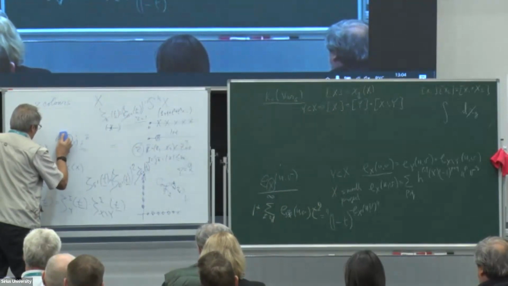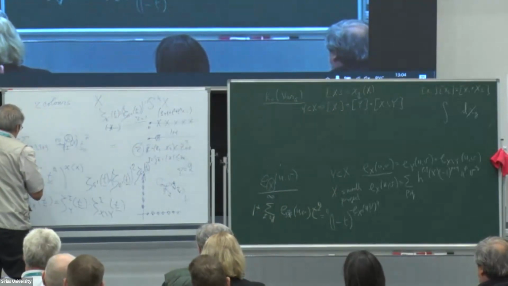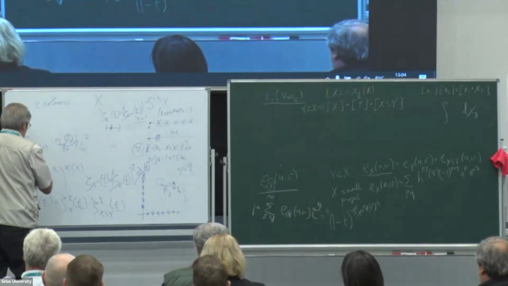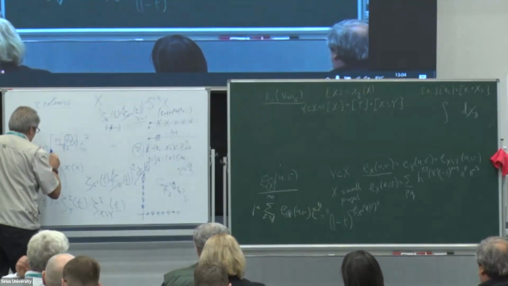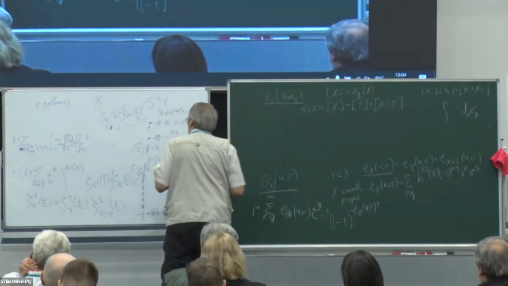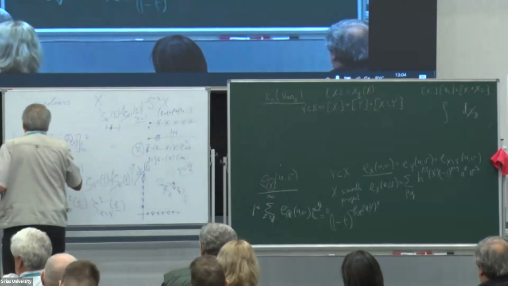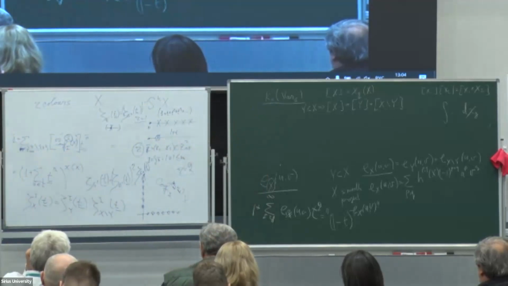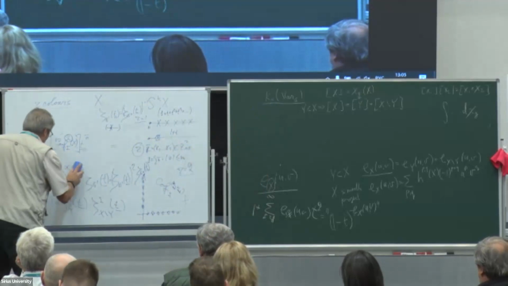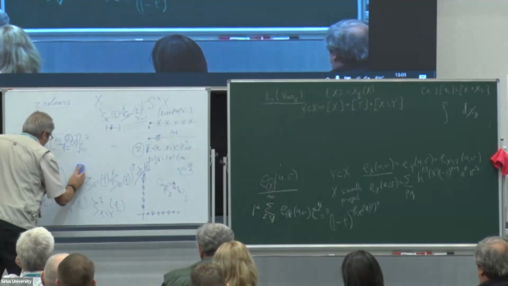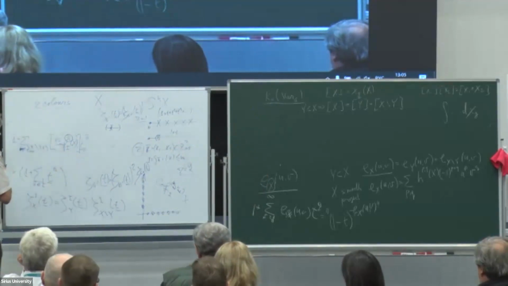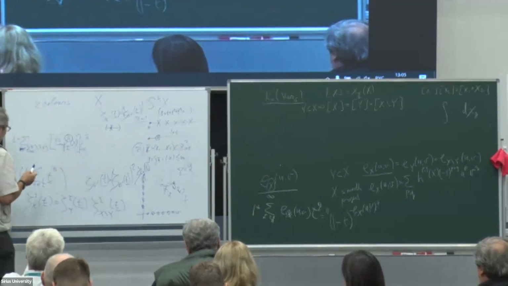I take these configuration spaces, I take their classes in the Grothendieck ring of varieties here. And I want to write down this series. In fact, the answer is extremely simple, but it has to be interpreted, because otherwise it is sort of nonsense.